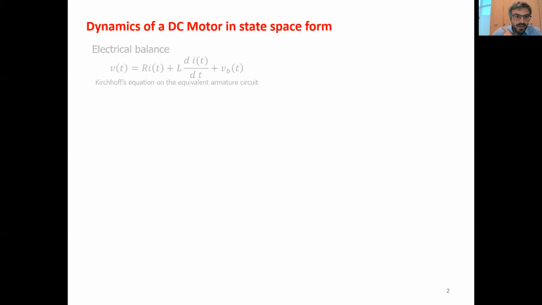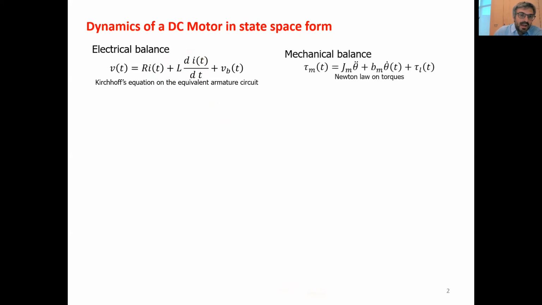So if you look at the, remember, the Kirchhoff equation on the circuit of the coil, armature is also a synonym of coil. We see the voltage equal to the drop across the resistor, the voltage due to the change in current, which is the inductance, and the back EMF.